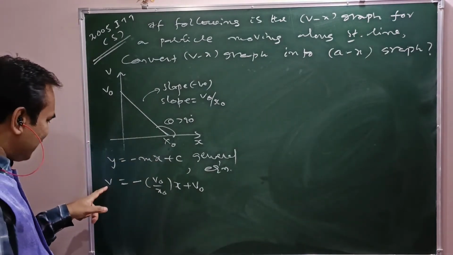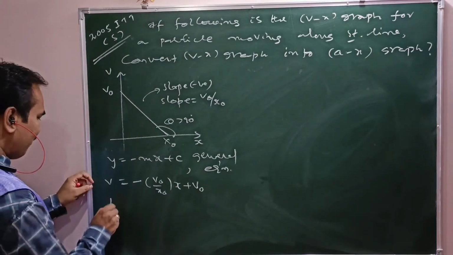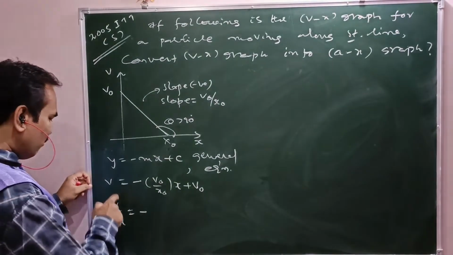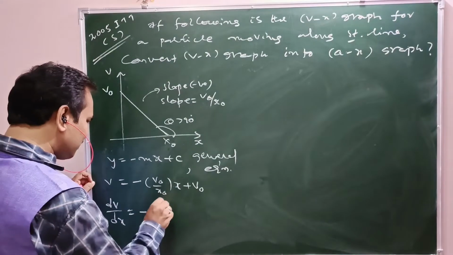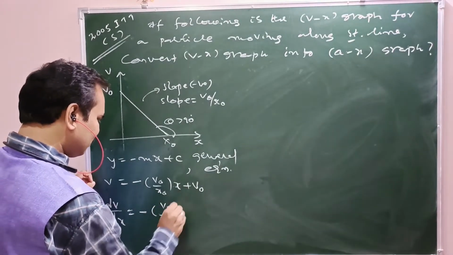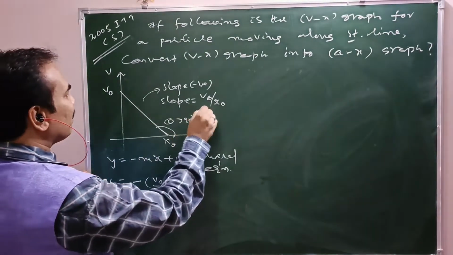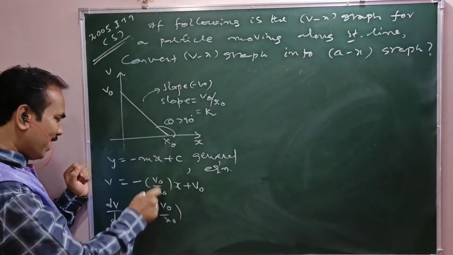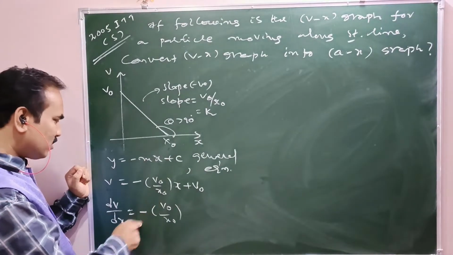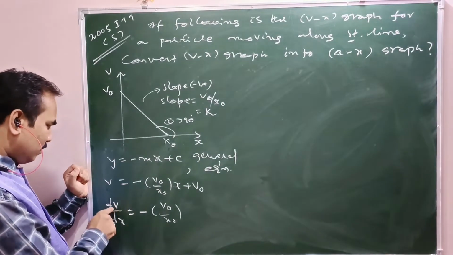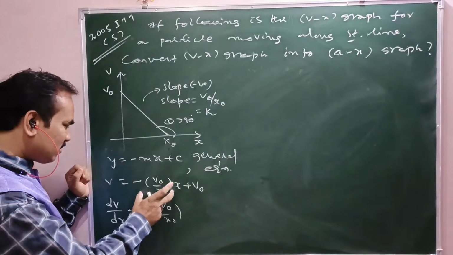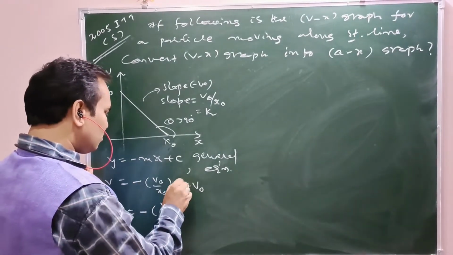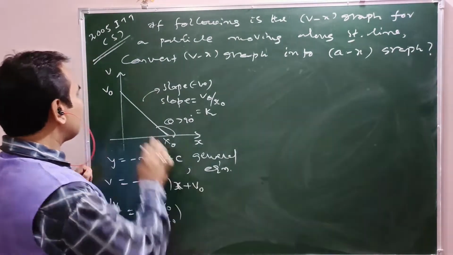If I differentiate with respect to position, dv by dx equals minus v0 by x0, which is constant. Why? Because the slope is constant, since that is a straight line. The negative sign is kept outside, and v0 by x0 is also constant. So dv by dx is minus v0 by x0 into dx by dx, that is 1, plus here v0 is a constant max value.